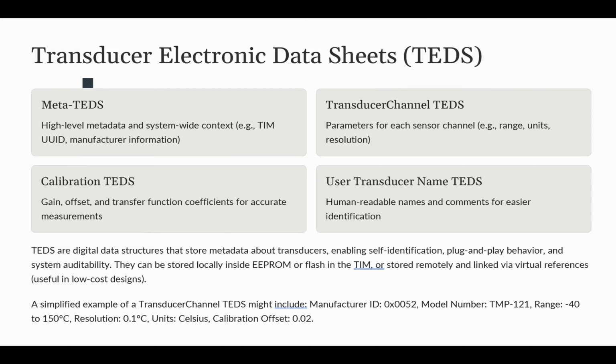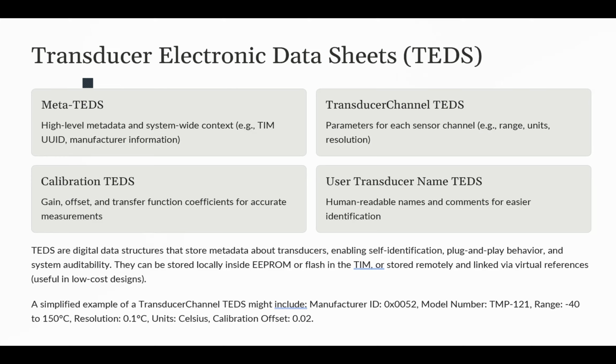The transducer channel gives us channel-specific details like the physical quantity, which could be temperature, the range, the resolution, and the engineering unit, which basically allows a precise integration of each signal in each TEDS.